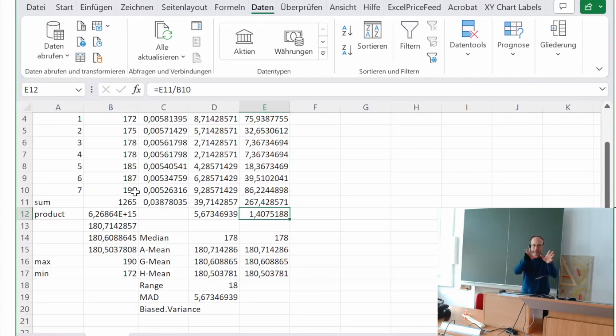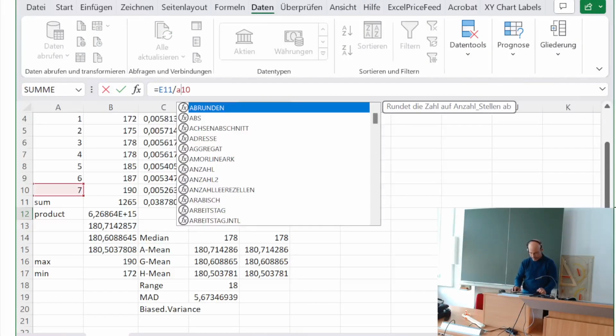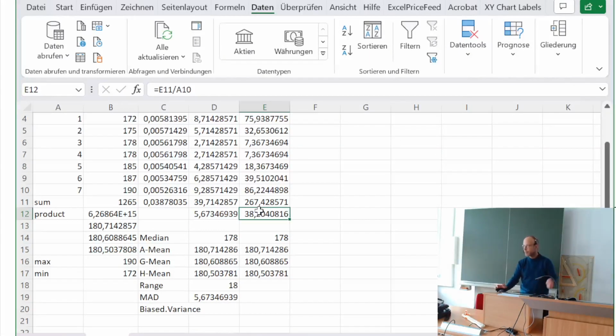If you then look at your output, you should directly wonder: I calculated the mean average distance about 6, and now the variance, where I calculate the square distances divided by 7, is a lower number. This could not be right. So this is not B10, but A10. Oops. And then this looks more reasonable as the variance.